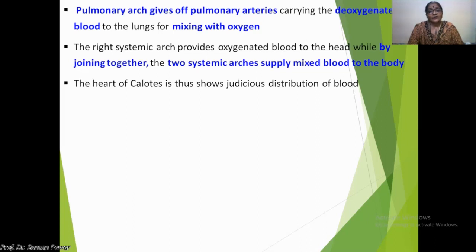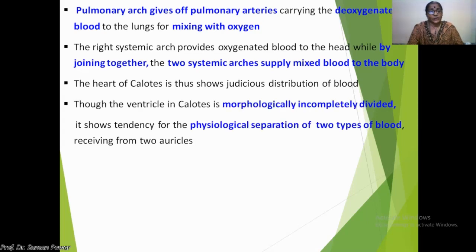Thus, the heart of Calotes shows judicious distribution of blood, though the ventricle in Calotes is morphologically incompletely divided. It shows a tendency for the physiological separation of the two types of blood received from the two auricles.